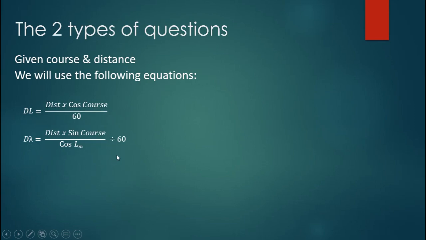The equations that they print in Bowditch do not give you this divided by 60 on it. But if you memorize these equations in this form, this is how you have to use them in the calculator that we'll be using. These equations right here are the two that you'll use if you're given a course and a distance.